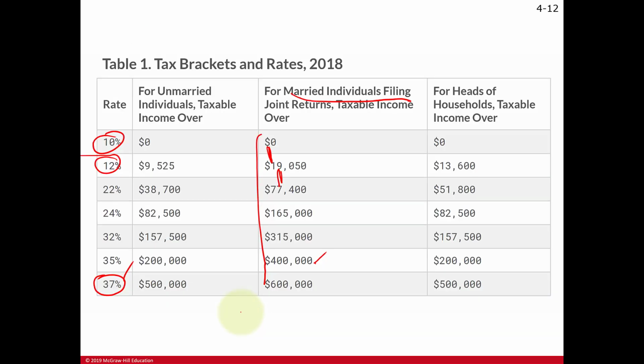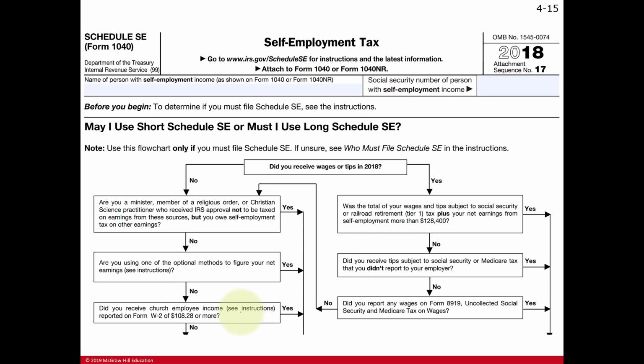So let's take a look at the form to report that. Here is Schedule SE. You don't see any calculations here, but let me go through some of the calculations.